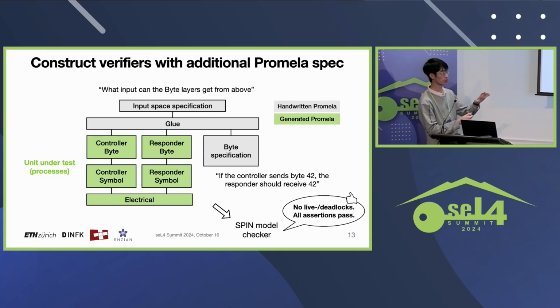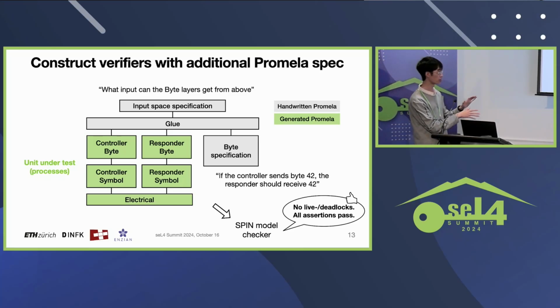On the right, we have a behavior specification that describes the behavior of this unit under test. For example, it would say, if the controller sends byte 42, the responder should also receive 42. This is an example of a functional correctness assertion in the verifier.